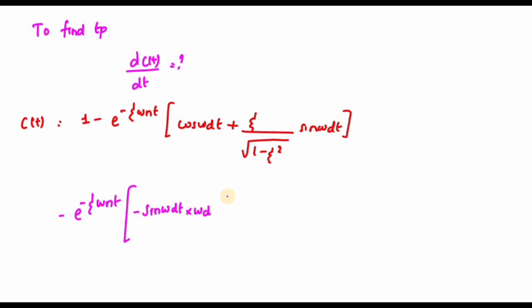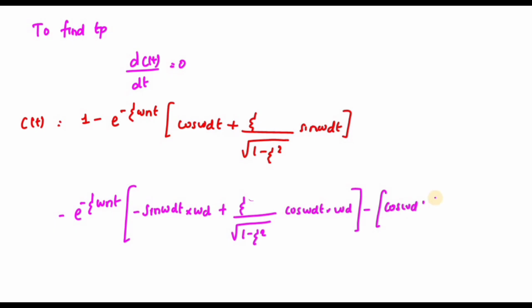Plus damping factor divided by root of 1 minus damping factor square. The sin omega d t, if I differentiate, I will get cos omega d t into omega d. So it is in terms of the uv formula. Therefore, again, I am going to have minus e power minus damping factor omega n t.